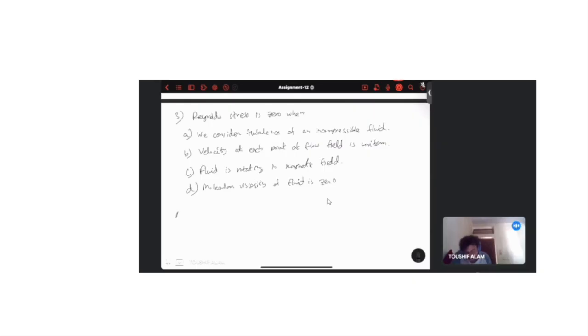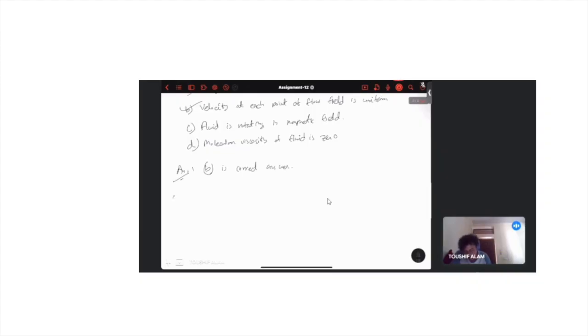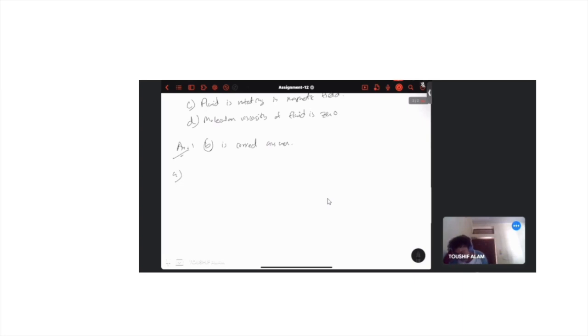So Reynolds stress is 0. When is it 0? When velocity at each point of flow field is uniform. That is when Reynolds stress is 0. This is all directly from the lecture notes. Okay. I will describe if any math arises.